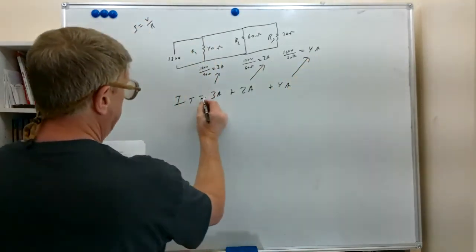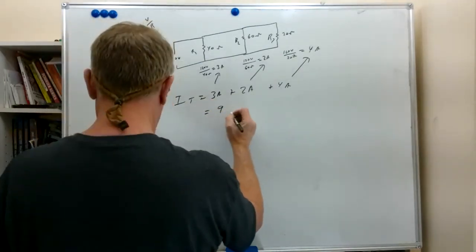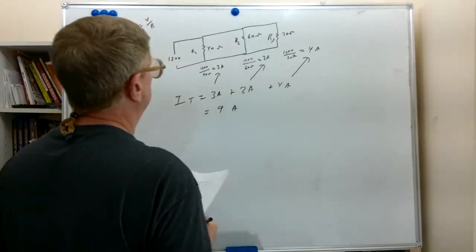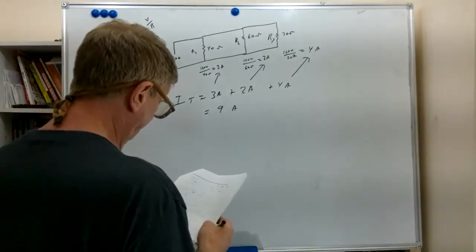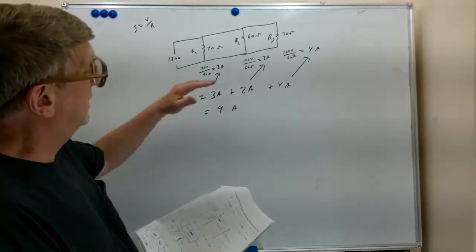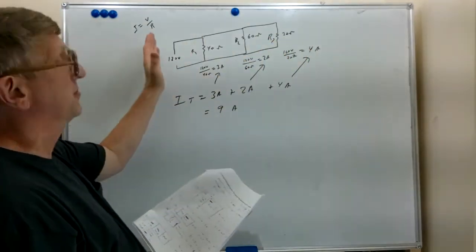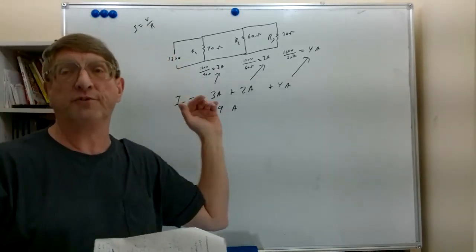If we add that up, 3 plus 2 is 5, so we get 9 amps. So there's one way we can calculate. If we know the branch currents from each parallel branch, we can determine how much current is being drawn off the power source.